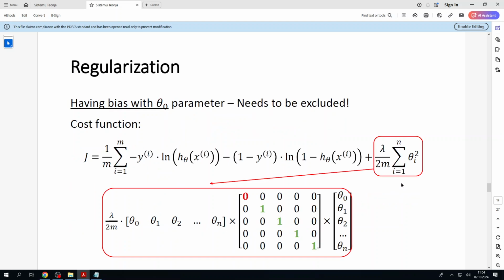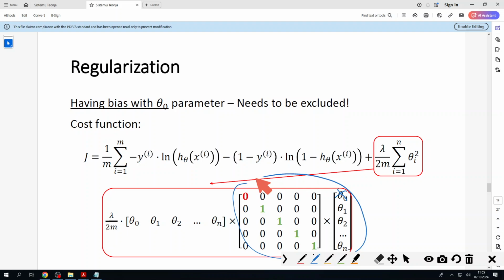We are going to multiply this almost identity matrix, except that the first position is 0, with the theta column, which is going to produce the theta column, because an identity matrix does not change a matrix. Well, except that it's going to nullify this theta 0 after you multiply these 2 matrices. Yes? So the goal is achieved.